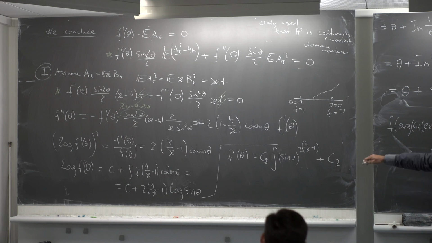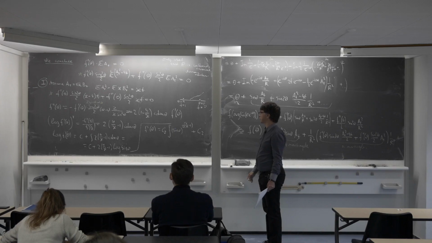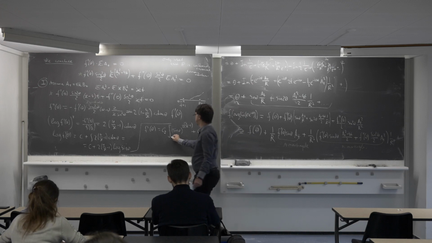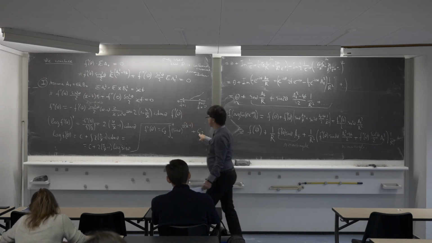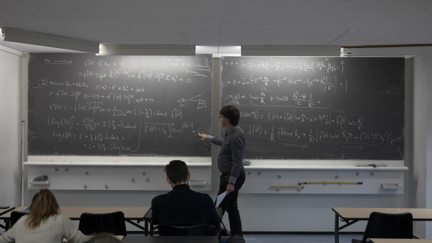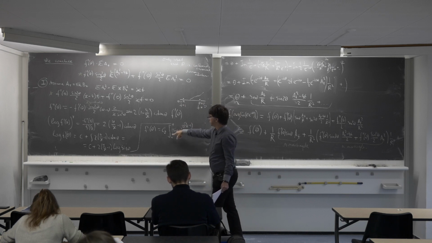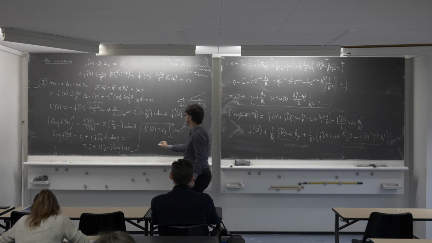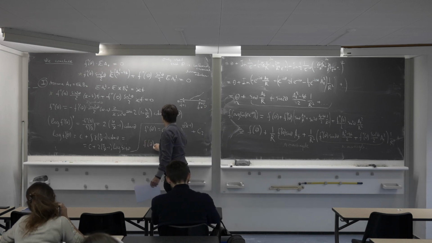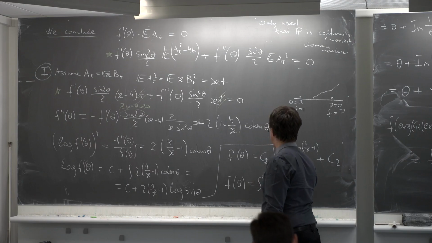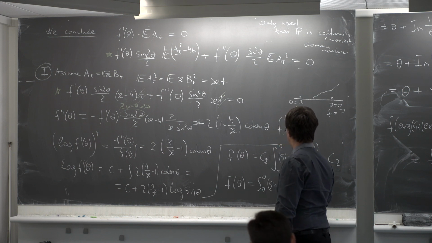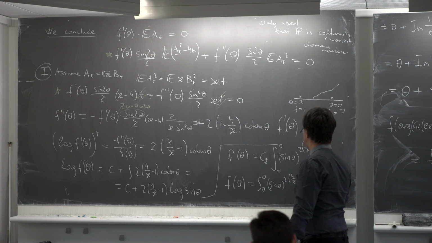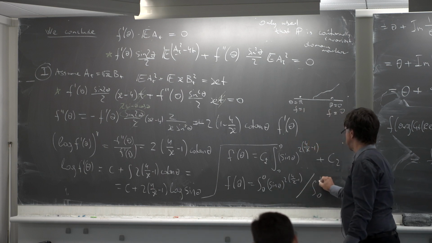So the constants you can figure out because of that. This one will be 0, because at 0 you should get 0. And the constant at pi should be just this integral from 0 to pi. So f of theta is the integral from 0 to theta of sine to the power 2 over (4 over kappa minus 1), divided by the same integral from 0 to pi.